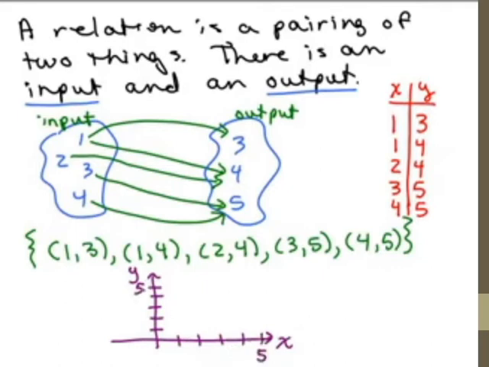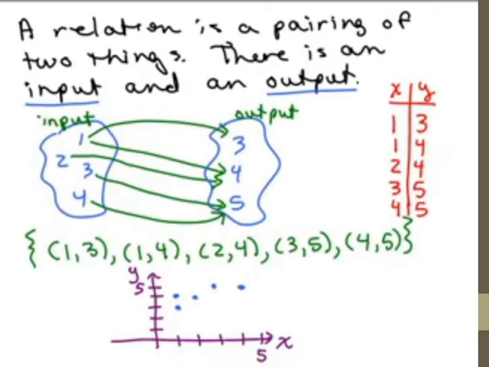So if I wanted to draw what those ordered pairs are, here's 1, 3, and I also have 1, 4. I've got 2, 4, and I have 3, 5, and I have 4, 5. So there's like 4 ways that I could show this particular relation.